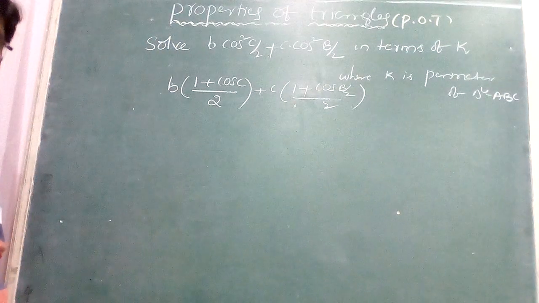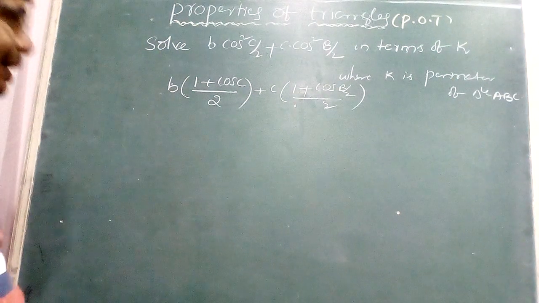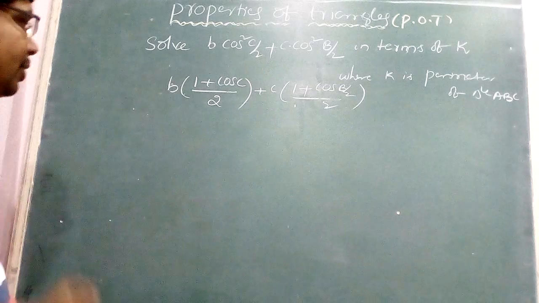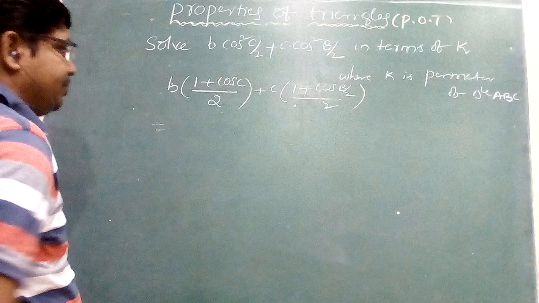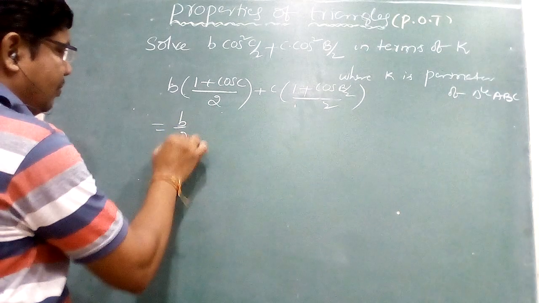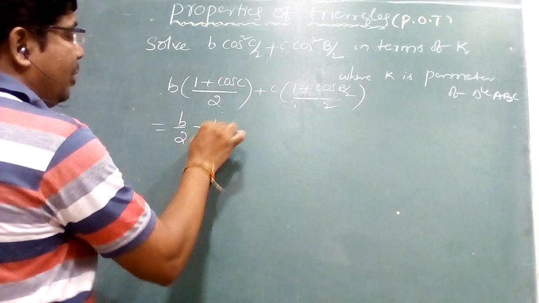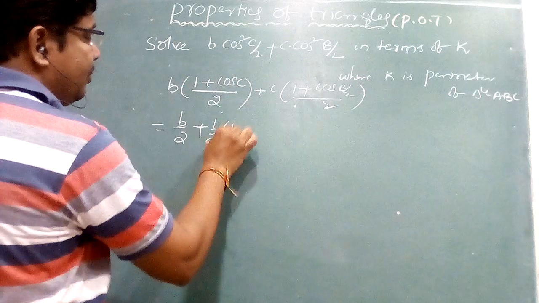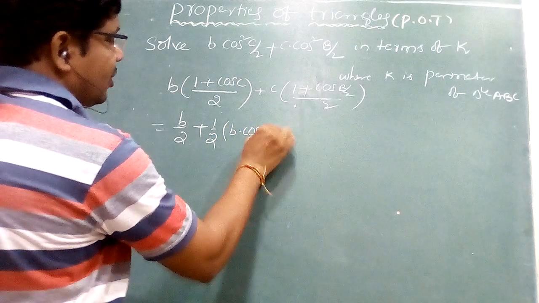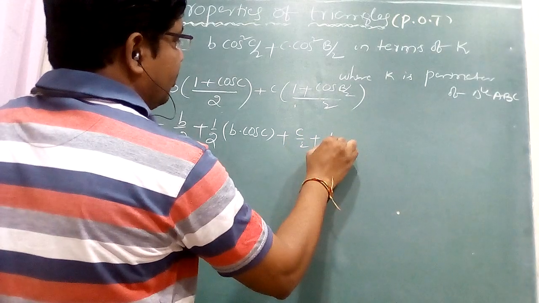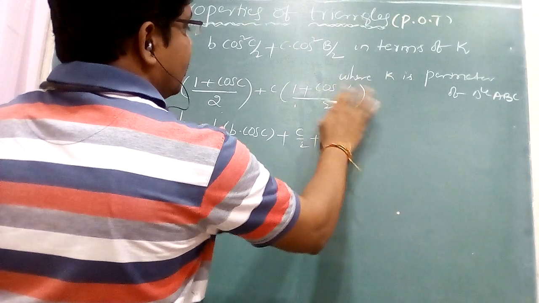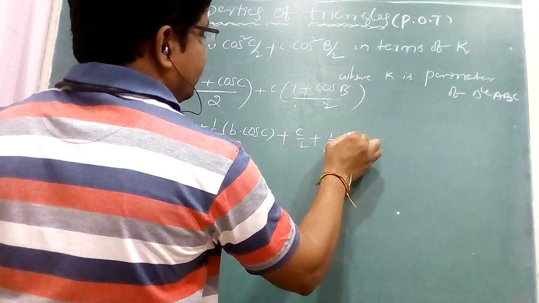That is b by 2 plus 1 by 2 of b into cos C, plus c by 2 plus 1 by 2 into c into cos B.